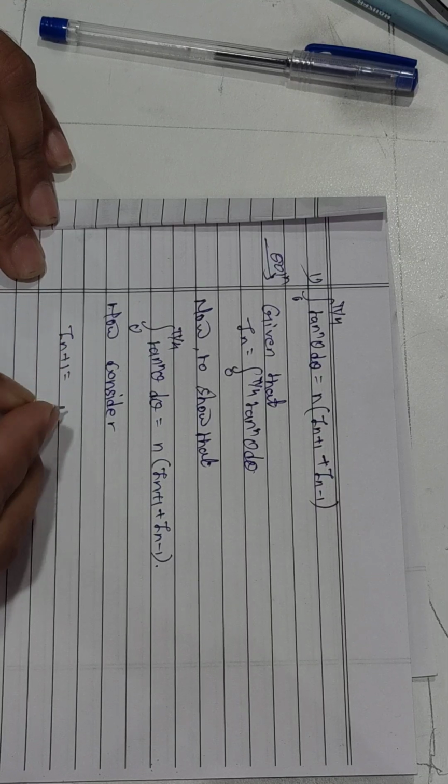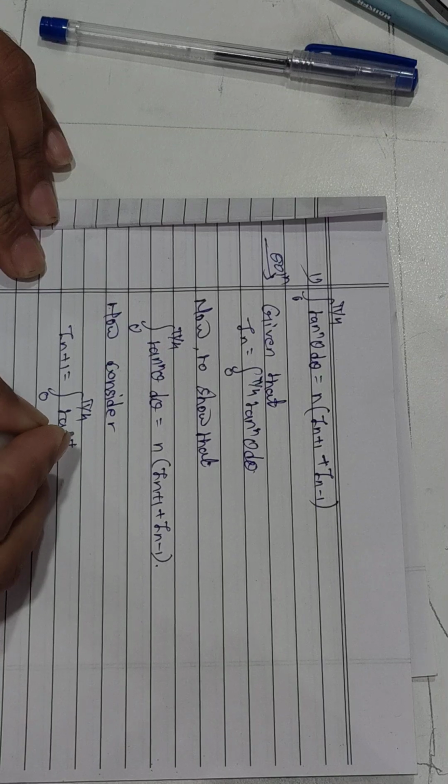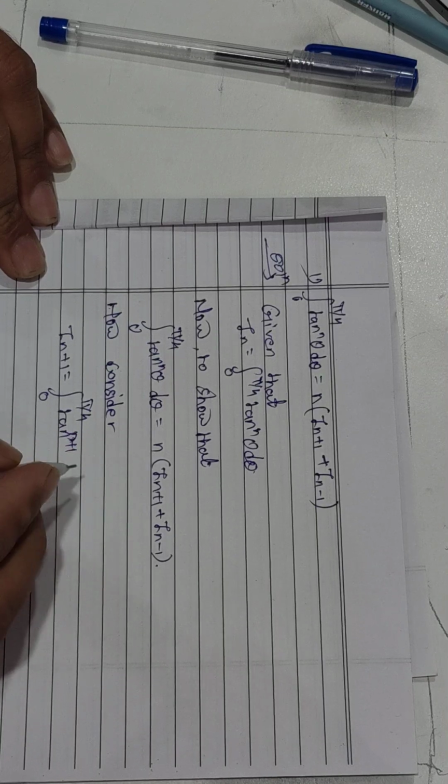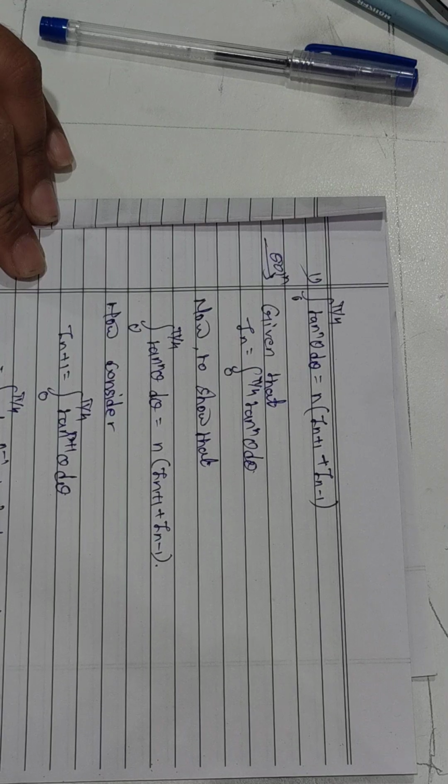I_{n+1} equal to integration 0 to pi by 4 tan raised to n plus 1 theta d theta. It can be written as integration 0 to pi by 4 tan raised to n minus 1 theta into tan square theta d theta, since n plus 1 equal to n minus 1 plus 2.